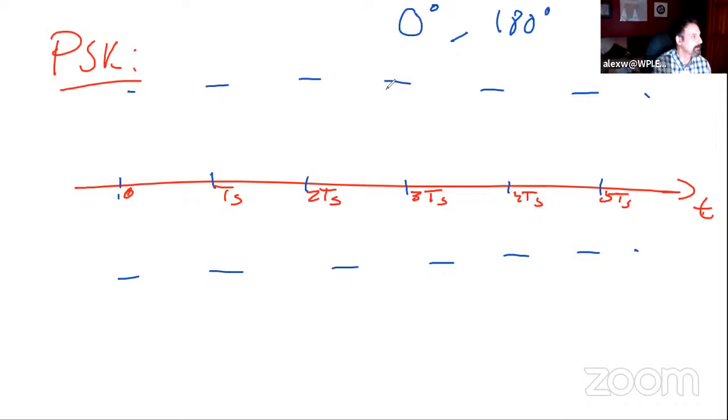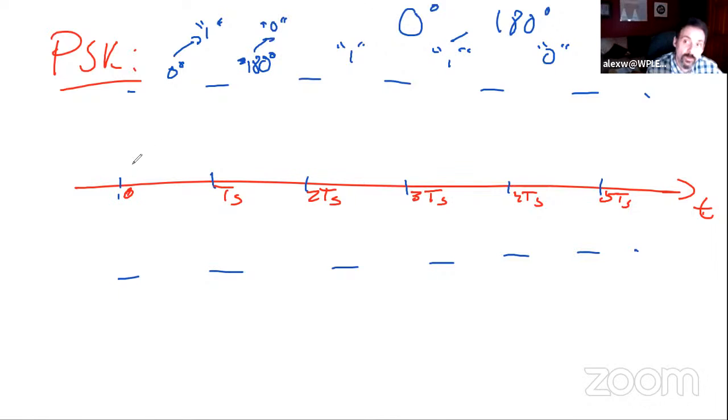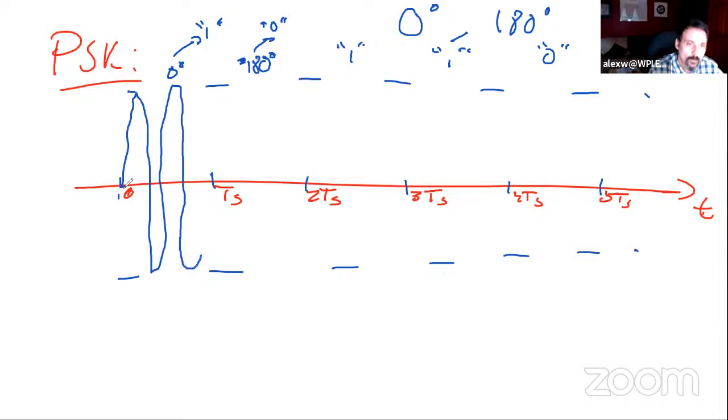So let me bring that up. There we go. All right, so let's say this was 0 degrees. That corresponds to binary 1. And binary 0 is 180. So what this would look like: remember, no information is contained within the amplitude. And then what happens is, oh, it's a 180 degrees phase shift.